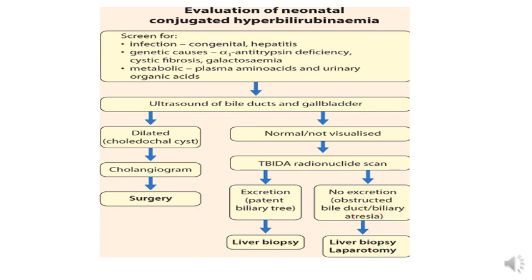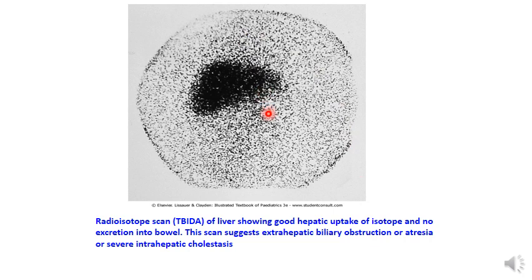So this is a HIDA scan of the liver showing good hepatic uptake of isotope and no excretion into the bowel. This scan suggests extrahepatic biliary atresia or obstruction with severe intrahepatic cholestasis.